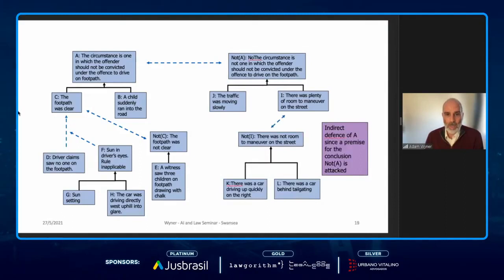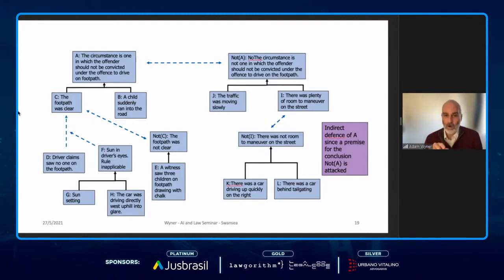And we can then also go to the other side and attack one of those premises. There was a claim there was plenty of room to maneuver on the street. And somebody says, no, there was not plenty of room to maneuver on the street. You notice that this is the defense of the person who's being accused, right? Because they're giving a justification for why they couldn't maneuver on the street. Why is that?